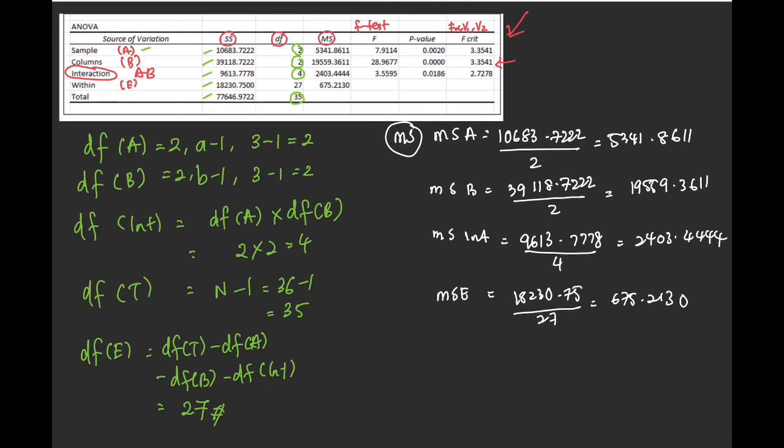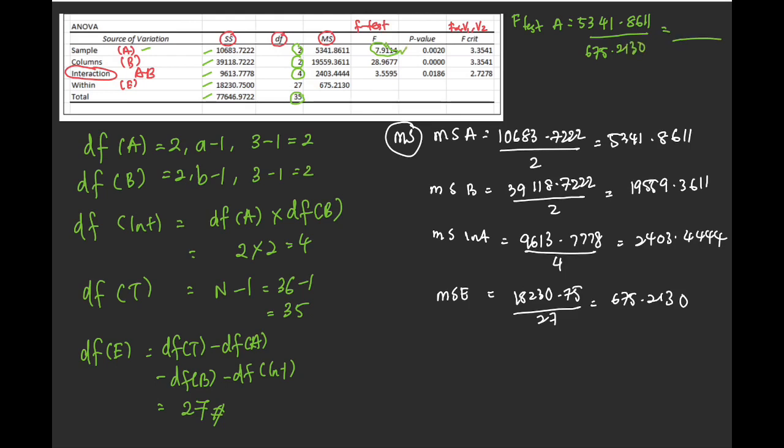And here, F test. Okay, F test. How do we get the F test? The F test for factor A is 5341.8611 divided by MS error 675.2130. You will get the F test.